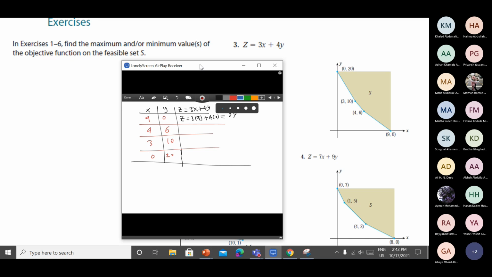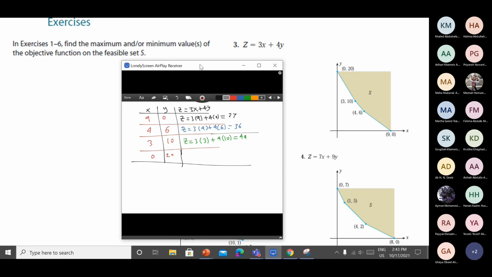Now, let's go for the second point. Z will equal 3 times 4, plus 4 times 6. So 3 times 4 is 12, 4 times 6 is 24, so I have 36. Now, z will equal 3 times 3, plus 4 times 10, so I have 40 plus 9, and 49.